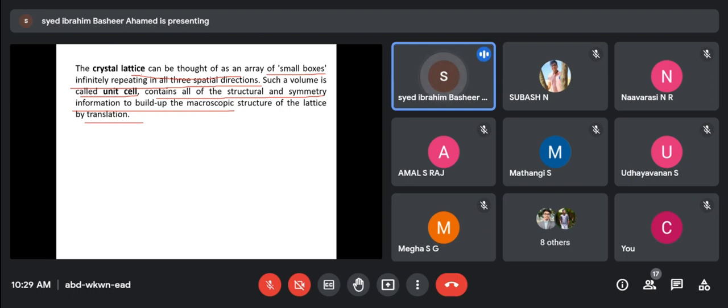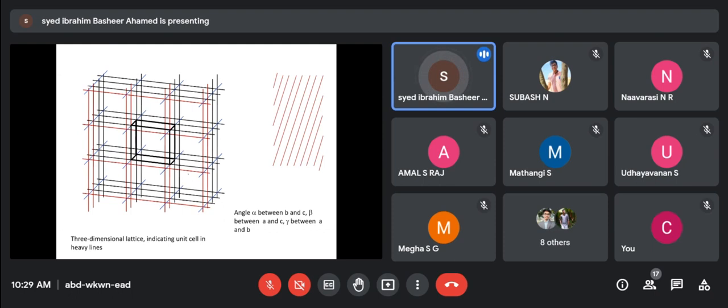So the crystal lattice is an imaginary object containing small boxes, which we call unit cells. You can think of a 3-dimensional lattice where a number of unit cells are repeated throughout the lattice.